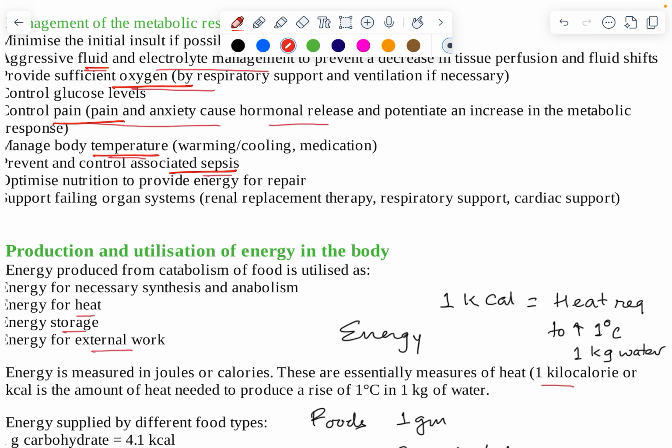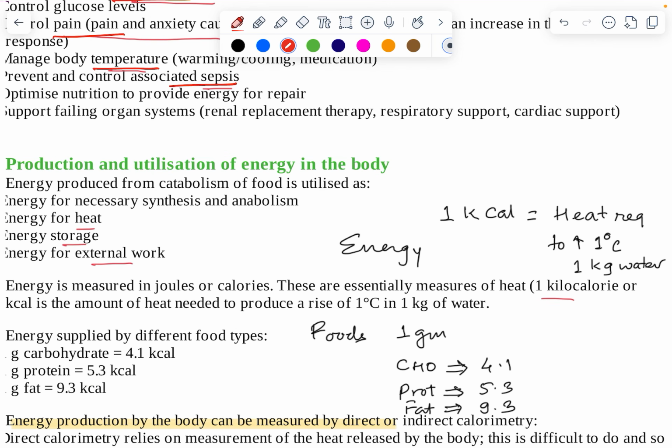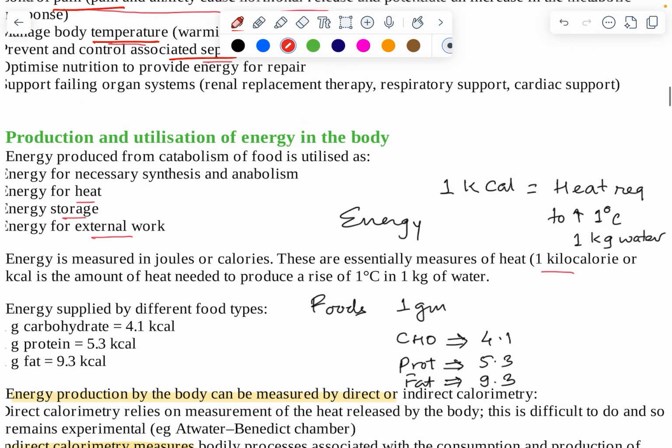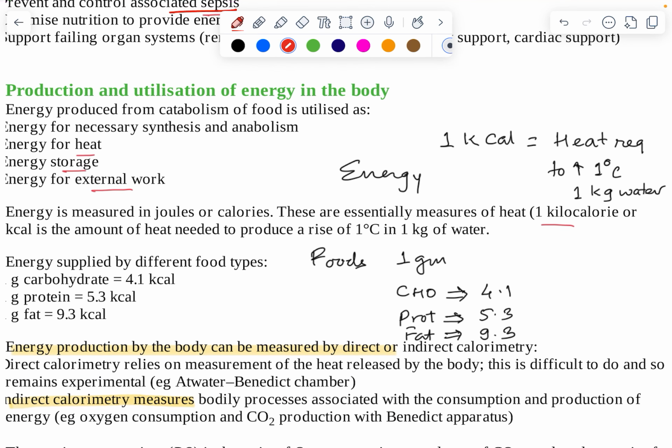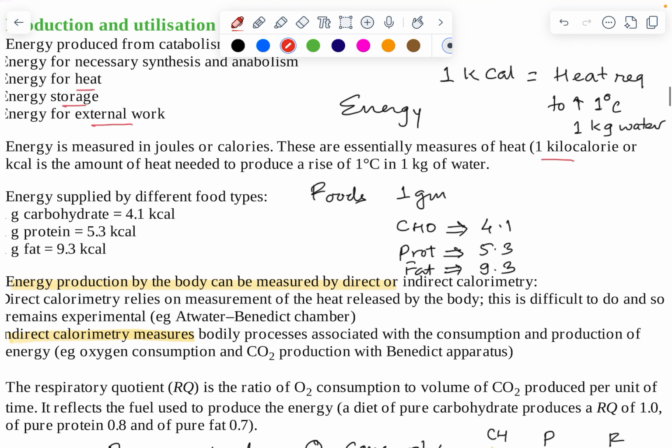One kilocalorie of heat is the energy needed to raise 1 kilogram of water by one degree. Energy is measured in joules or calories. The energy supplied by different foods: 1 gram of carbohydrate gives 4.1 kilocalories, 1 gram of protein gives 5 kilocalories, and 1 gram of fat gives 9 kilocalories.